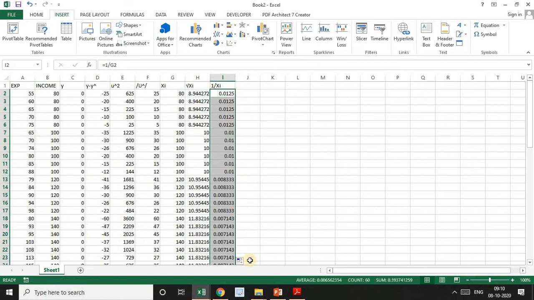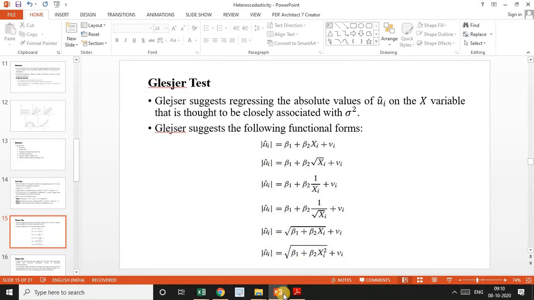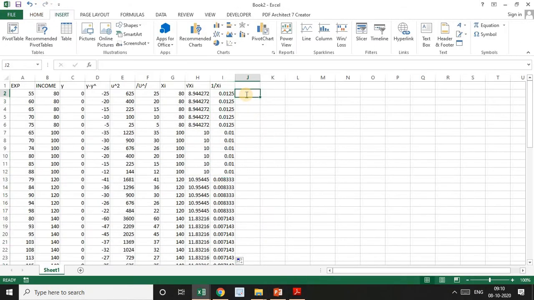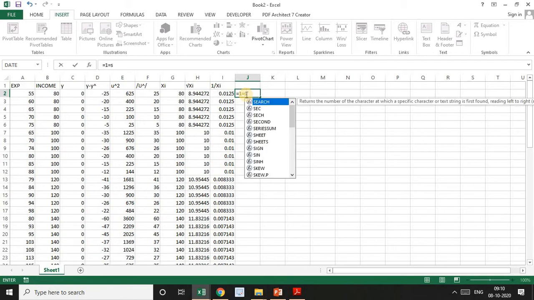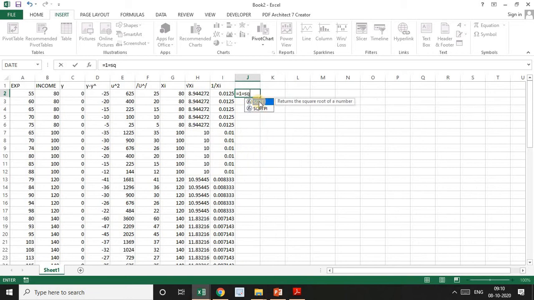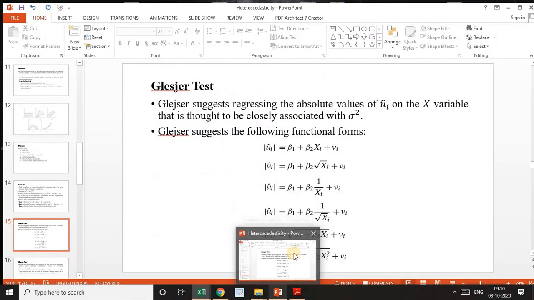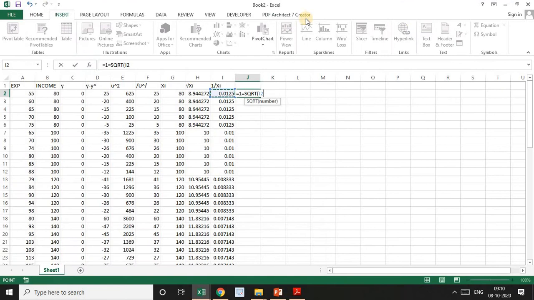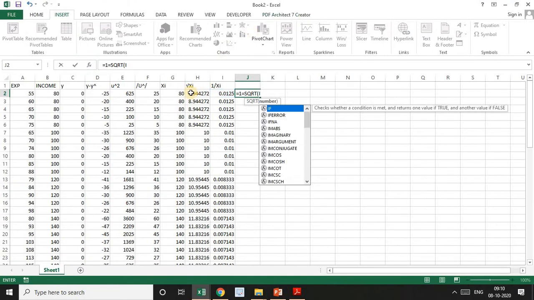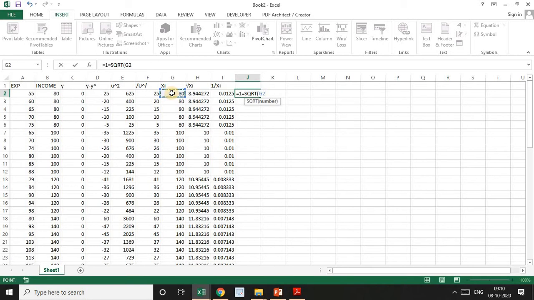Then the fourth option is 1 divided by root xi, which is equal to 1 divided by the square root of xi.